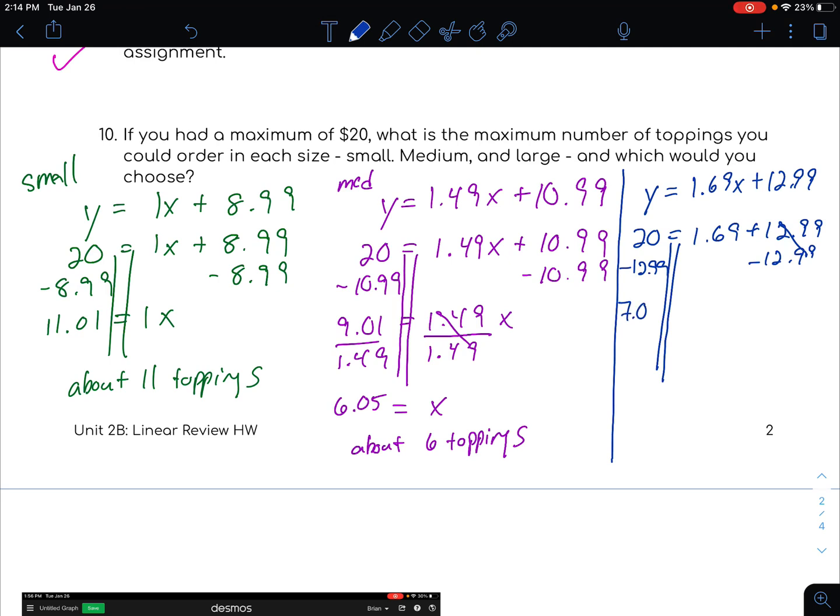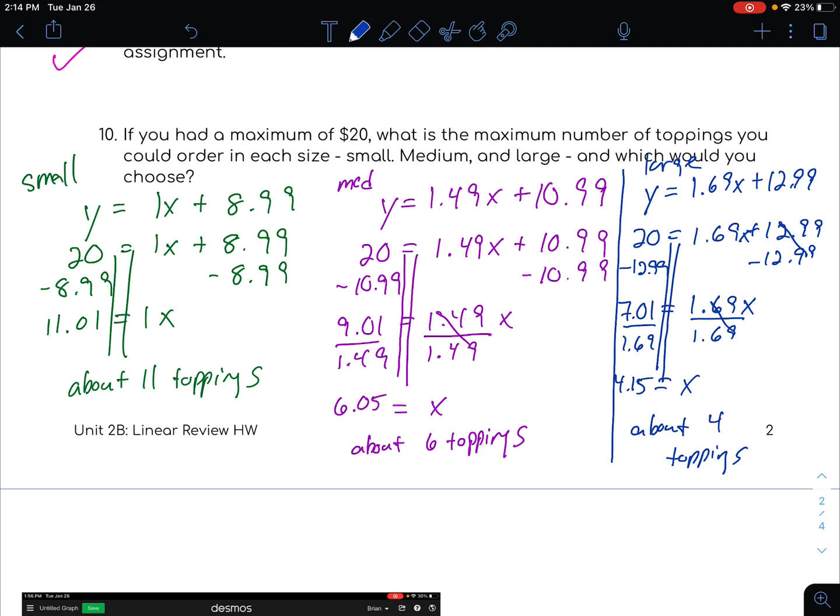And that leaves me with 7.01 is equal to 1.69x. Oops, I forgot the x up here. And then undo multiplication by dividing. And I get x is equal to 4.15. So about 4 toppings on the large.